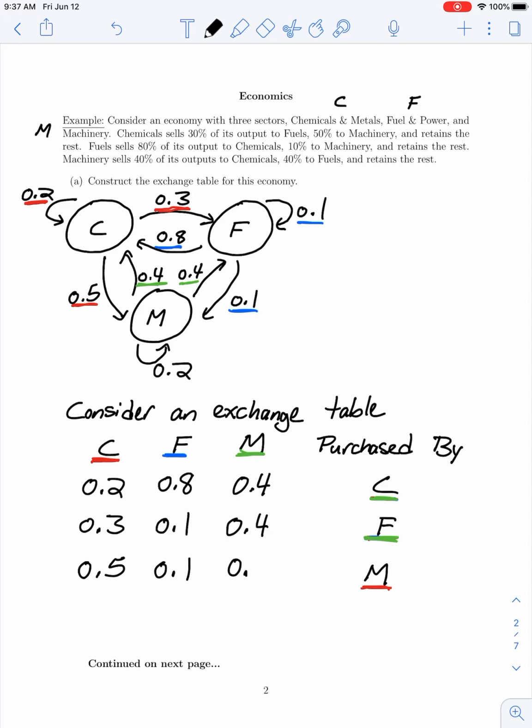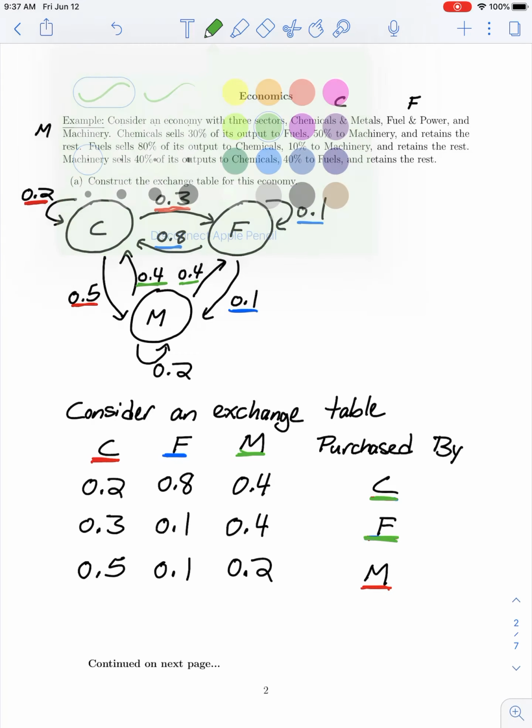And we know our last entry has to be 0.2, so that the sum of this column is 1. We can also see from our diagram above that from machinery back to itself, we have this 0.2. Okay. So this is an exchange table, which is summarizing the exchange of goods between these three sectors in the economy.